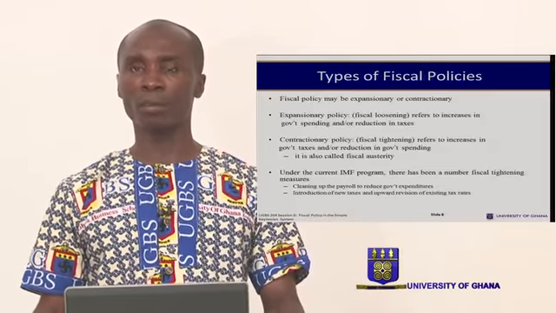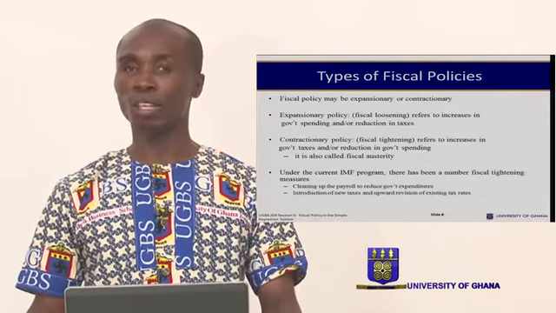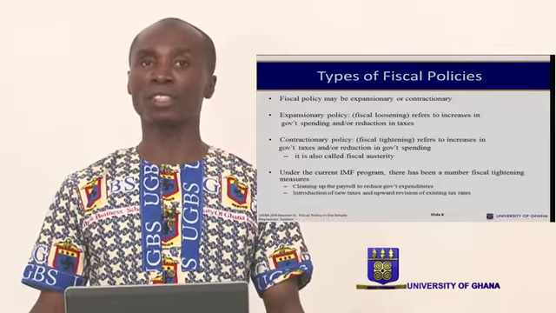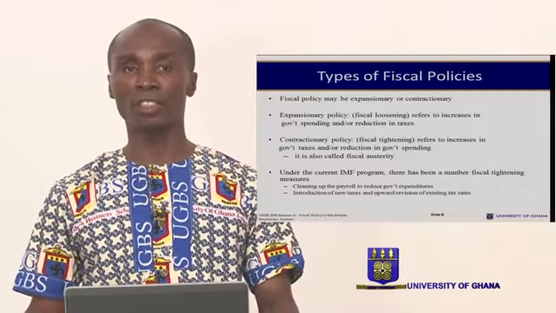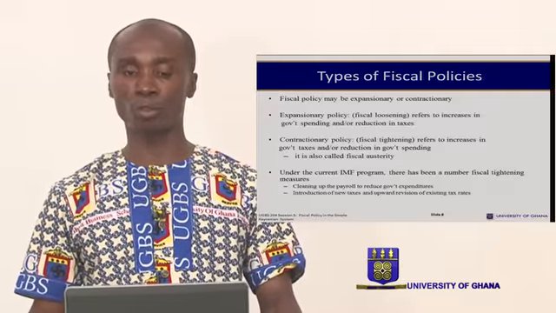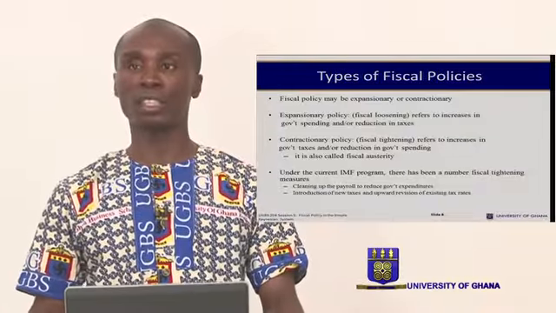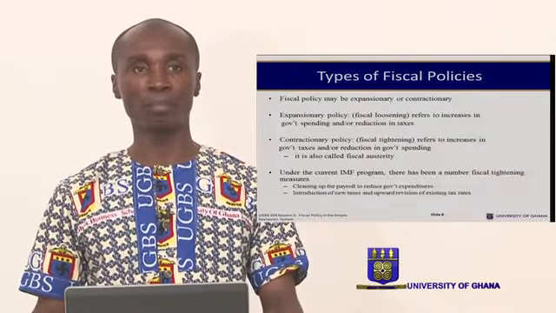Now, expansionary fiscal policy is also called loosening. In the textbook, you are likely to read that it is called expansionary, but in ordinary language, when people speak in the popular press, they are going to call it fiscal loosening. So when you hear fiscal loosening, it's the same thing as expansionary fiscal policy.